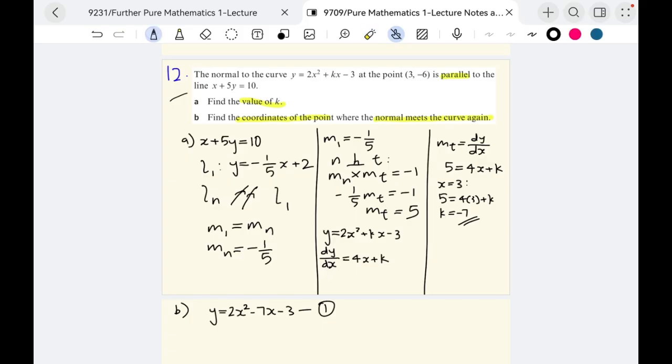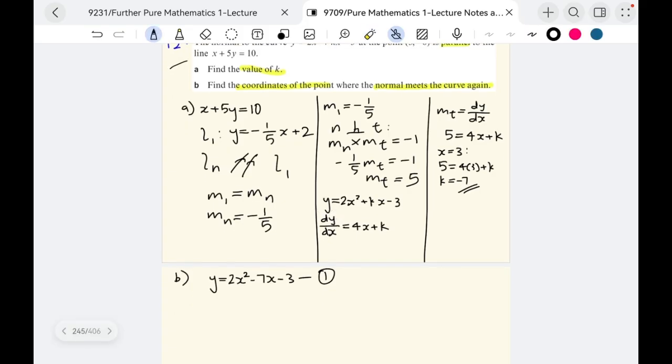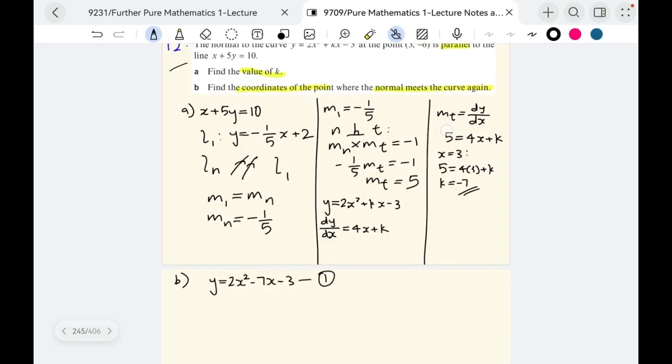So use the gradient formula to obtain the equation of the normal. The gradient you obtained above is -1/5. So it's y minus 6, x minus 3, because the coordinates of one of the intersection points is (3, -6).